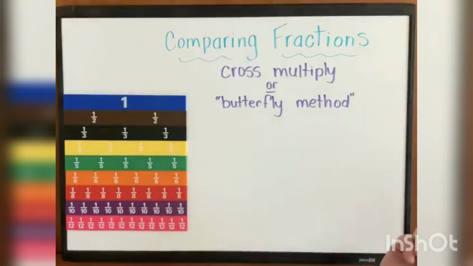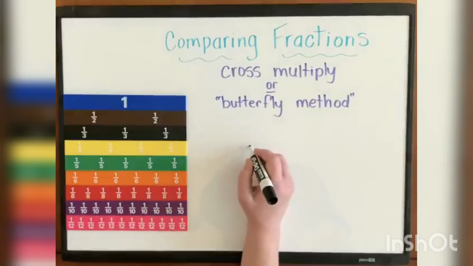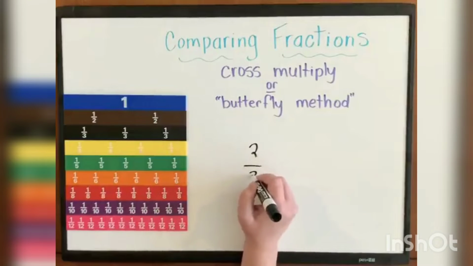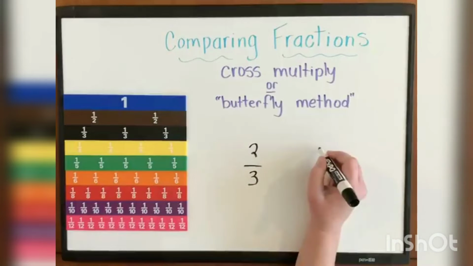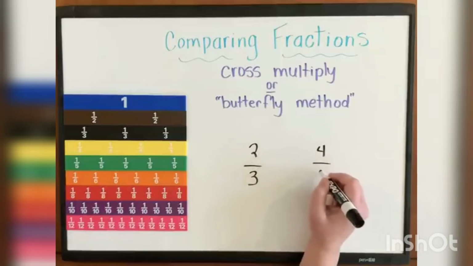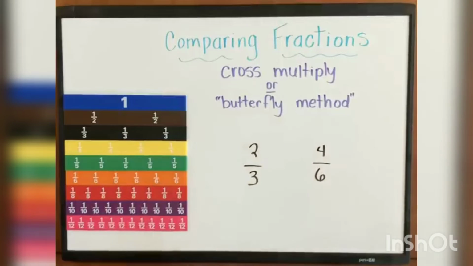Let's write down two fractions that we want to compare. Say I have the fraction 2/3, and I want to compare it to 4/6. Now, this strategy gets its name, butterfly method, by cross multiplying.